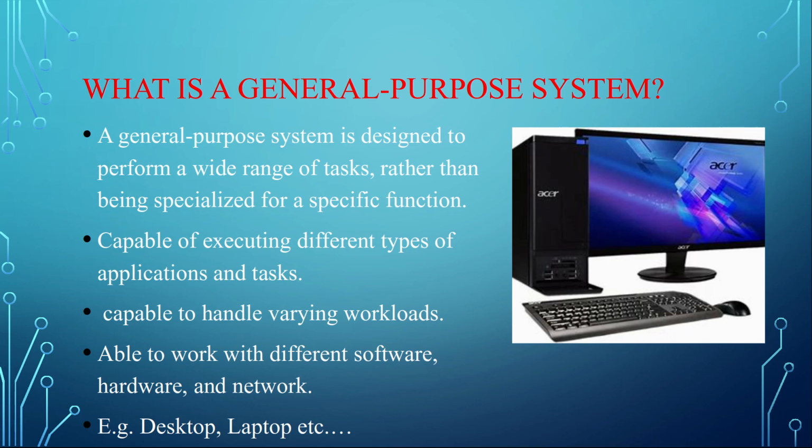As you all know, our computers are designed to perform a wide range of tasks at a time. While we are performing a single task, alongside that it will perform many tasks.